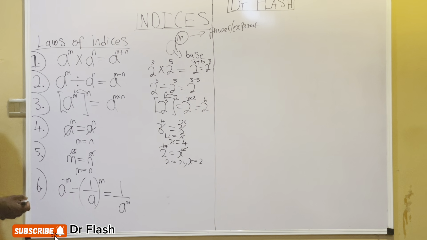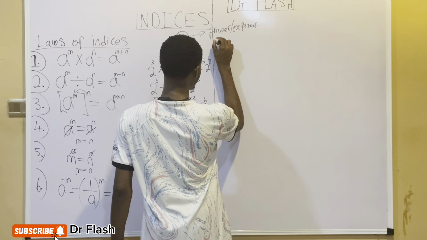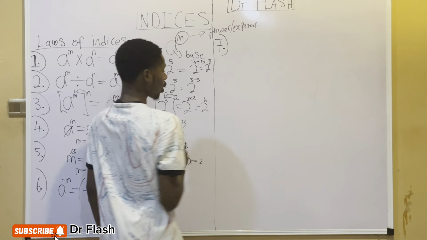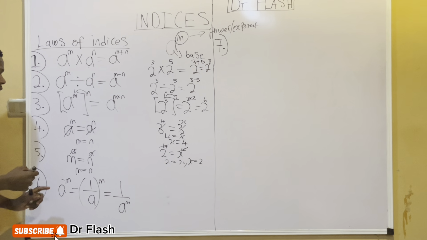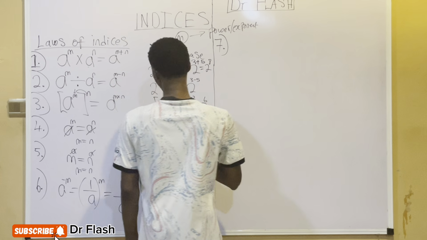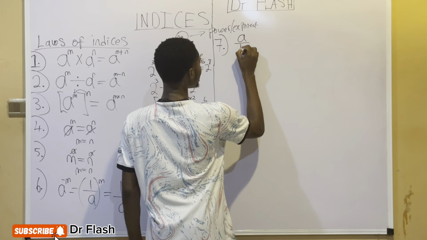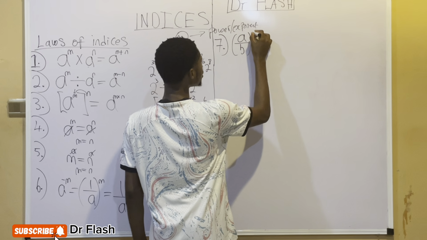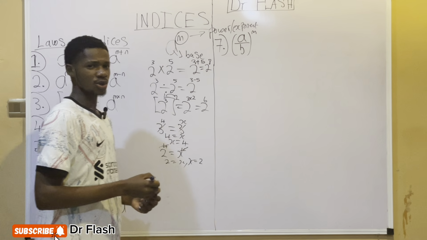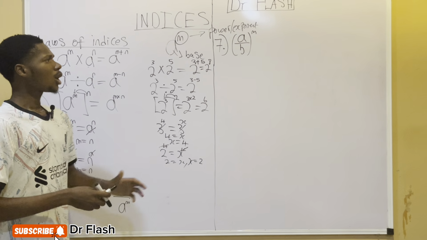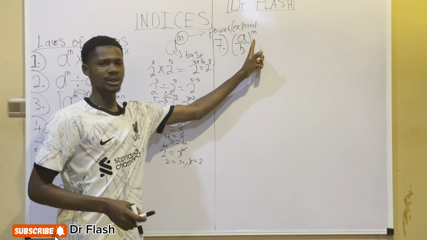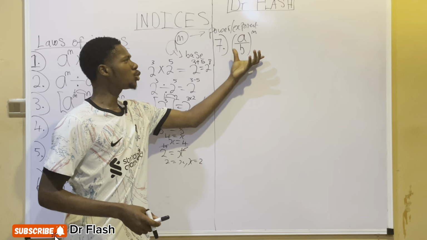Now, how about the seventh law? For the seventh law, if we are having a over b all raised to the power of m, notice we're having a fraction. In this fraction, we have one exponent outside of the bracket. How then do we simplify this?